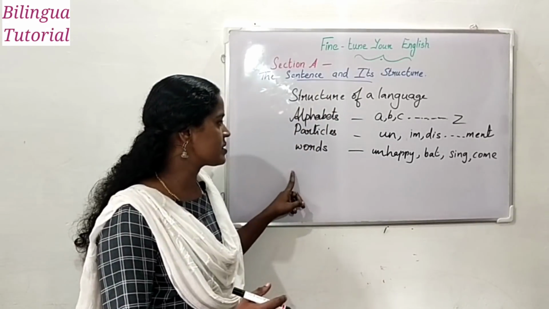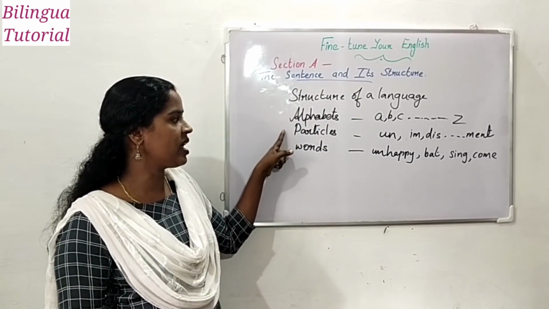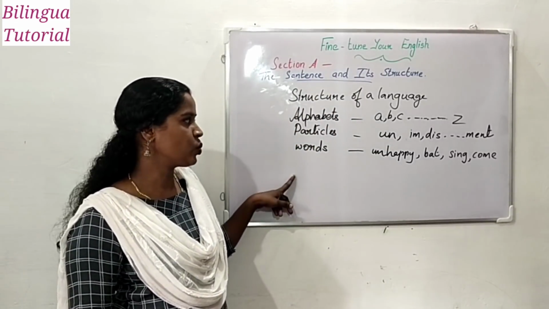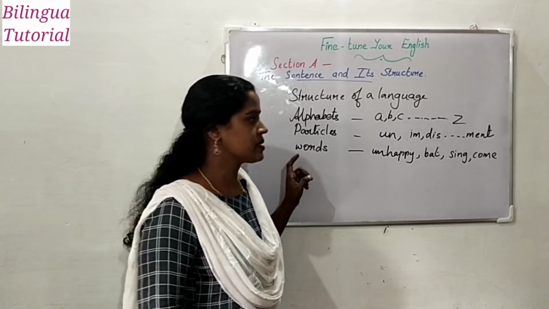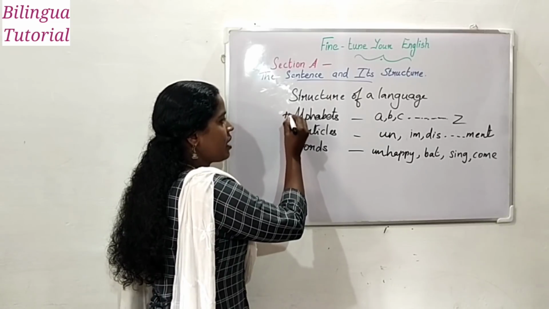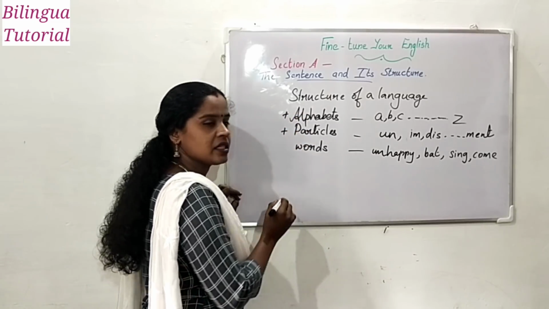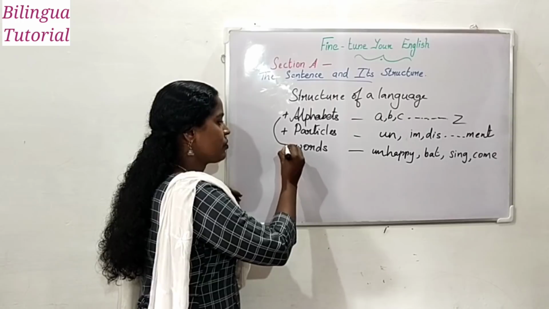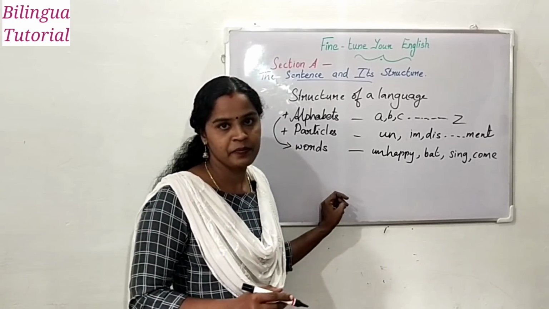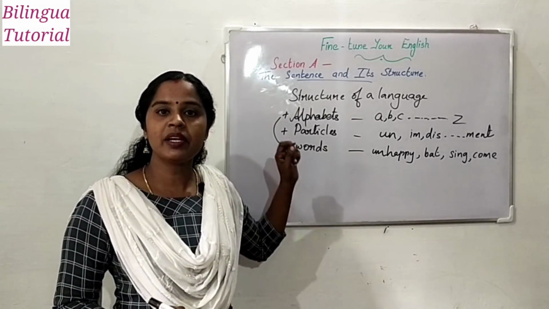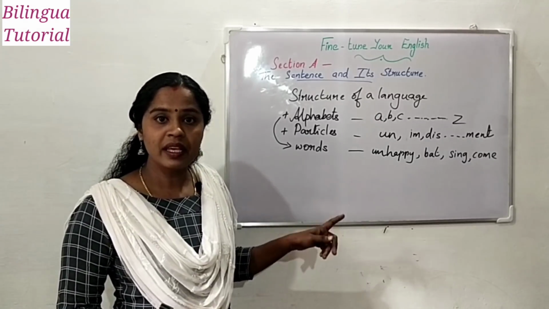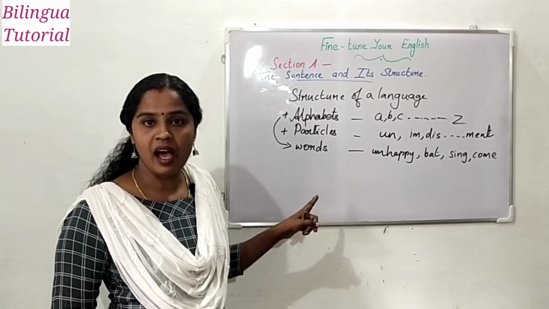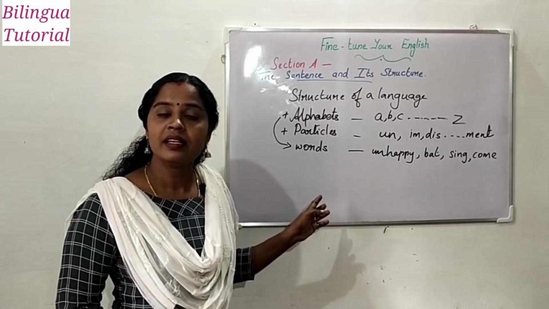So what are words? Words are combination of alphabets or particles. So we can combine these alphabets and particles to make words. So from this we get words. Then these words can be combined and we can make a combination of words. They can be of three kinds. They are phrases, clauses and sentences.